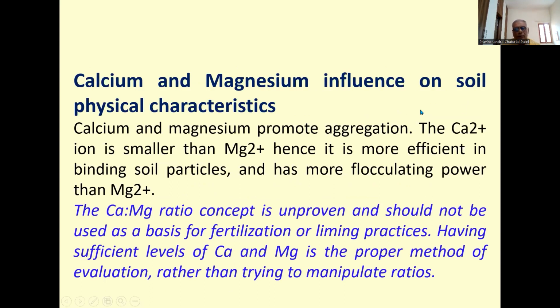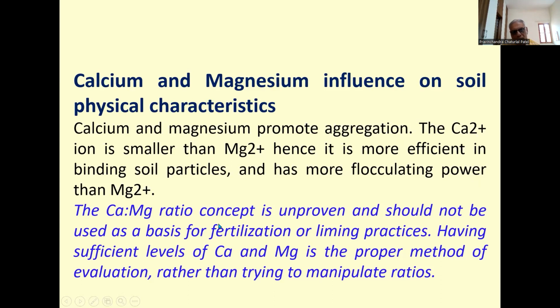Then calcium and magnesium influence soil physical characteristics. Calcium and magnesium promote aggregation. The calcium ion is smaller than magnesium, hence it is more efficient in binding soil particles and has more flocculating power than magnesium. Both secondary nutrients help promote aggregation.